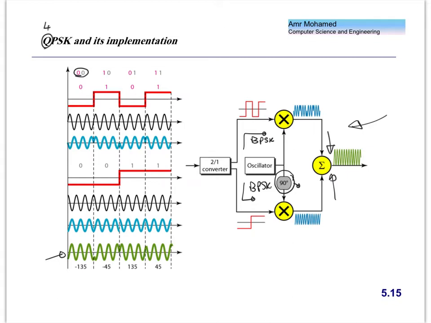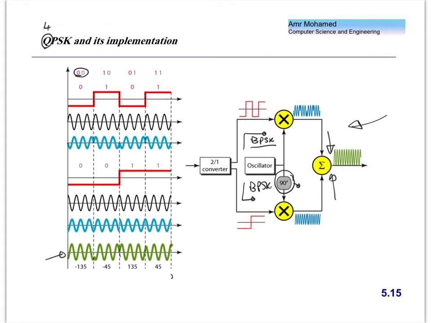Why? Because as we said before, for each binary phase shift keying, we will have sine and minus sine. And the other phase shift keying will be cosine and minus cosine. Okay? So if we add the sine to the cosine, it becomes a sine wave with a phase shift of 45 degrees.